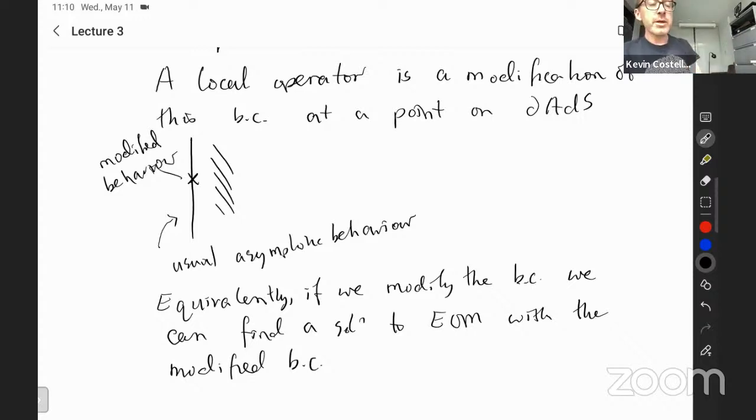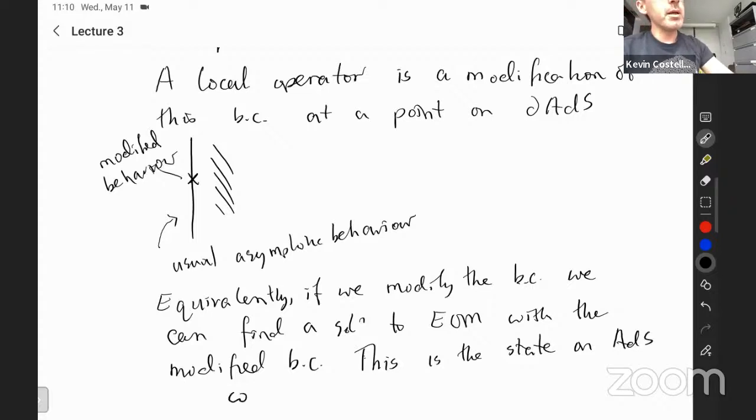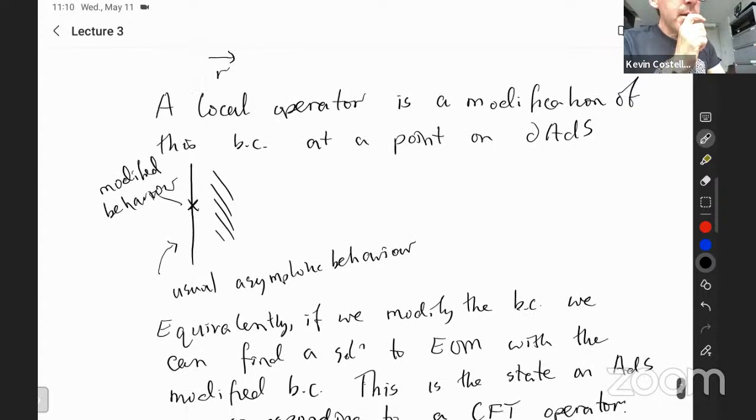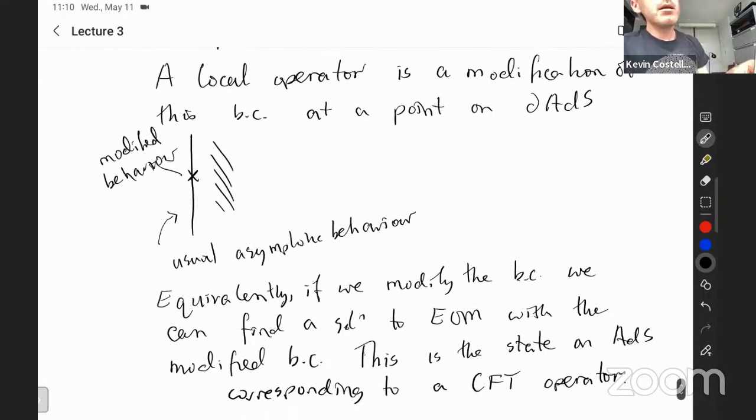So this solution to the equations of motion is the state on ADS corresponding to a CFT operator. So I want to explain how to implement this in the case we're considering of SL2C.